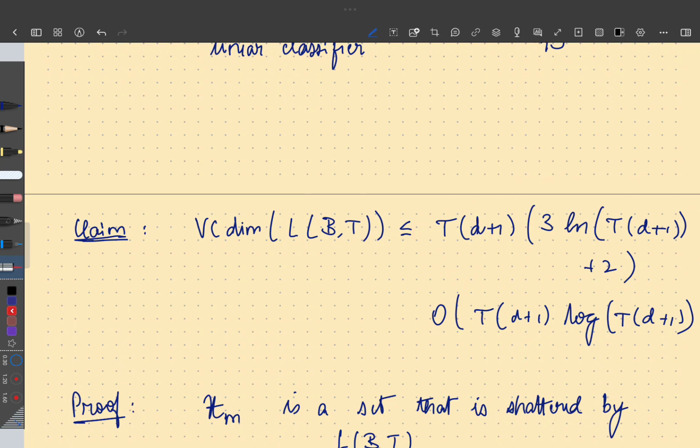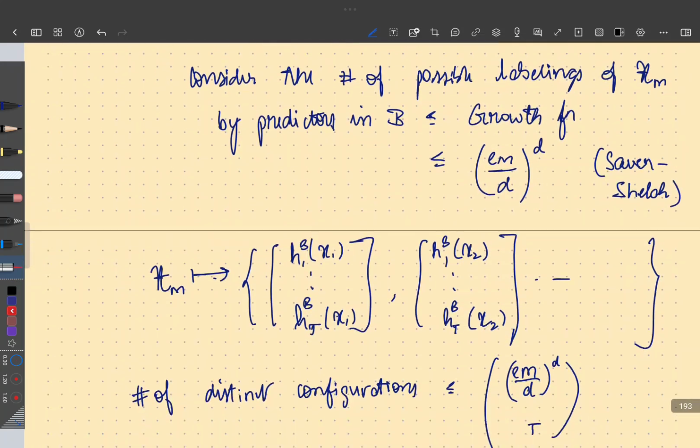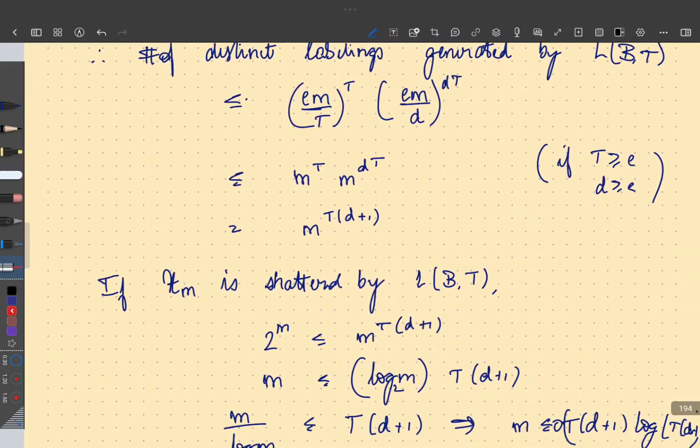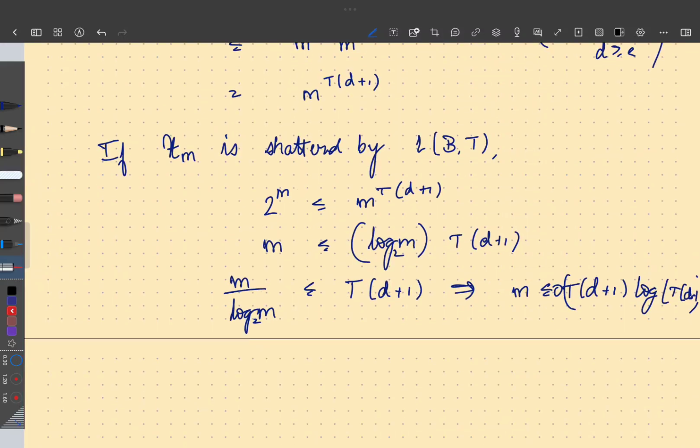That's just if, let's say, log m by m is at most alpha, then m is at most alpha times 3 log alpha plus 2. All right. Any questions?